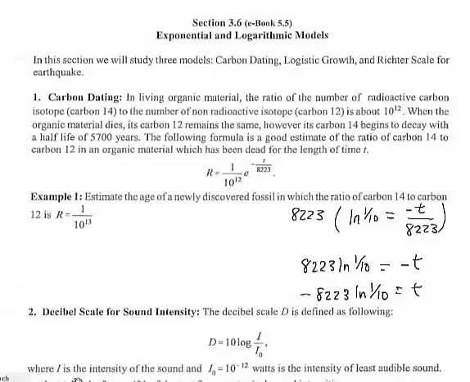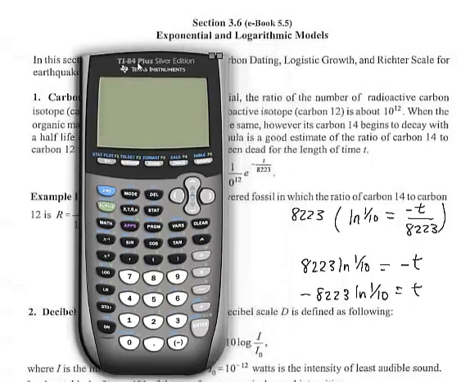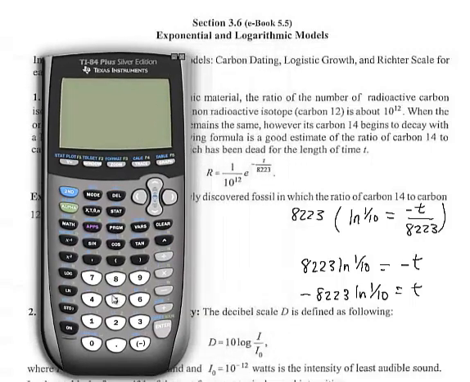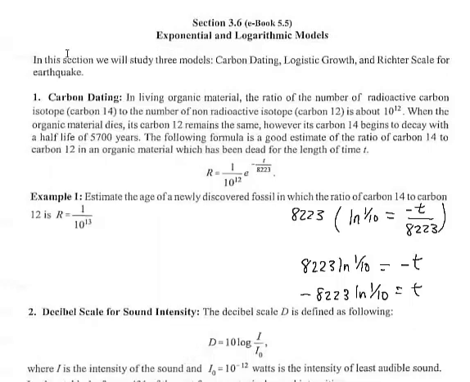However, we want to get a better idea as to how many years this is. So with our calculator, we enter in the natural log of 1/10, and then we multiply that by negative 8,223, and we see that t equals 18,934 approximately.